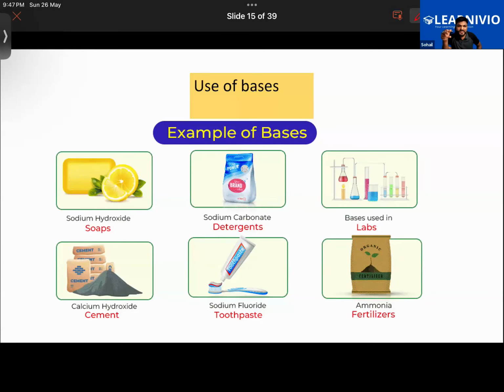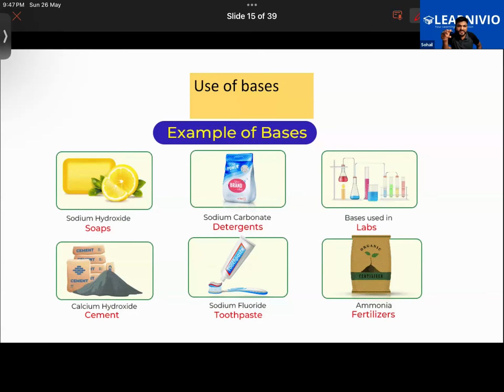Now let us understand about neutral substances. By the way, coming back to the question, the examples which we had discussed of everyday neutralization reactions happening around us: we had the example of toothpaste and the acids produced by bacteria, where the impact of acid is neutralized by the toothpaste.